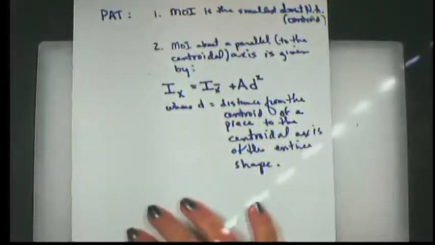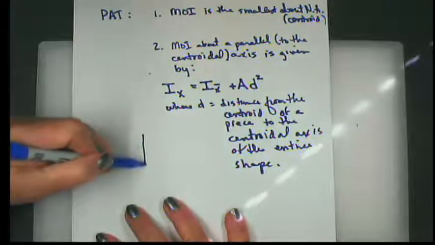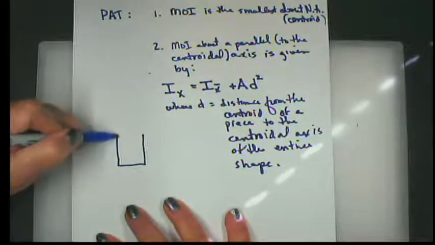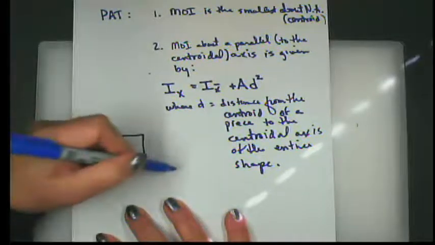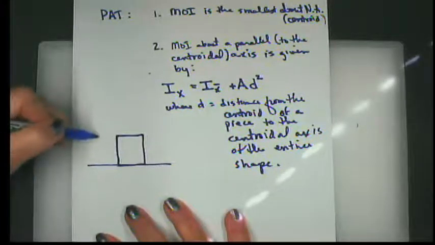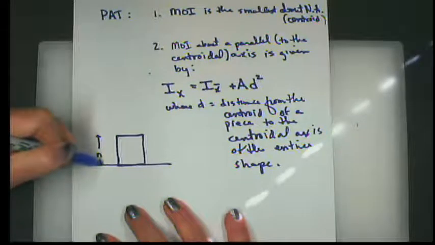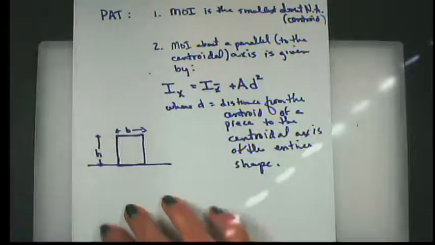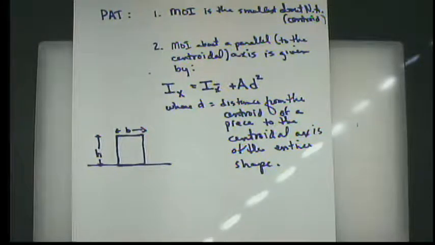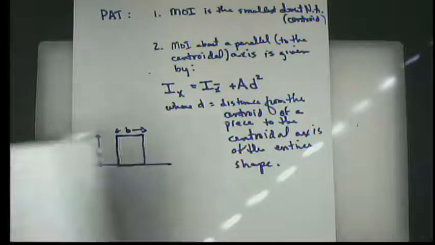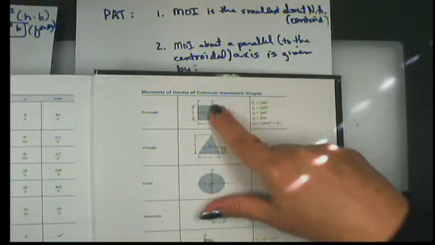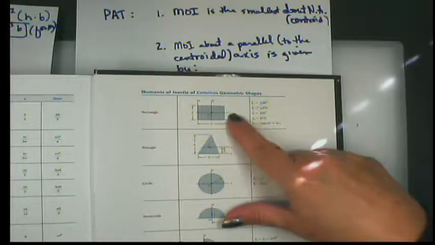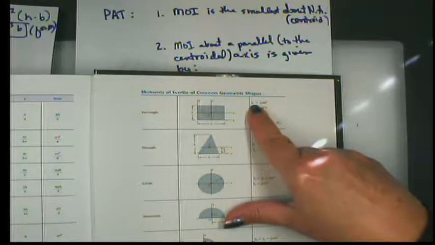All right, so let's go back to a simple rectangle. I'm going to do this very quickly. If we have a height and a base, and because we're not going to use the integral form, I look at the shapes in the back cover of my book. For a rectangle, I see Ix bar, or x prime.